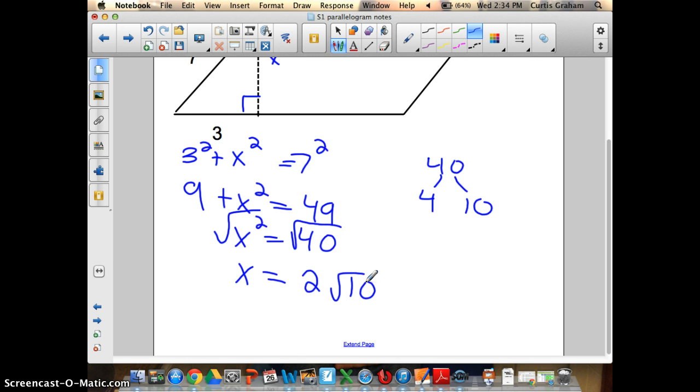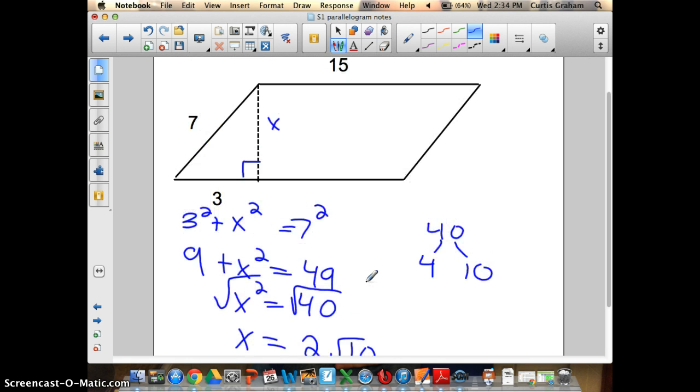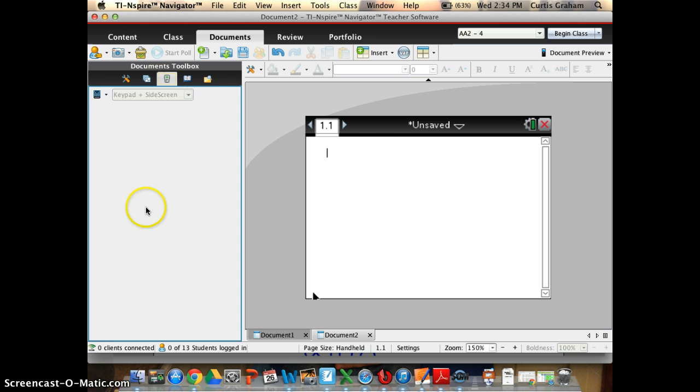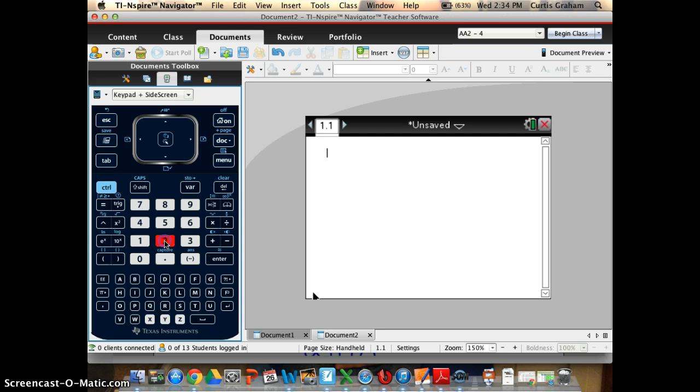So now I've got my base, I've got my height. So 2 square root of 10 times 15. I'll plug that in my calculator and see what it is. 2 square root of 10 times 15.